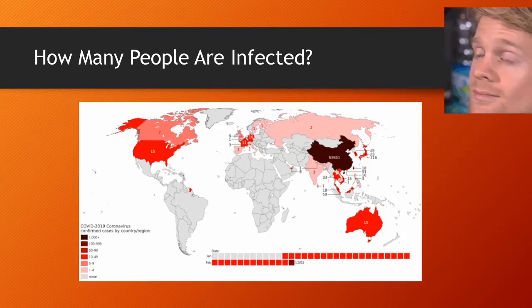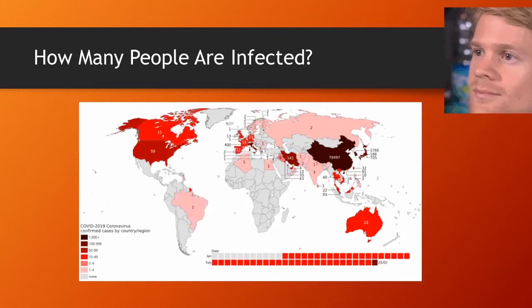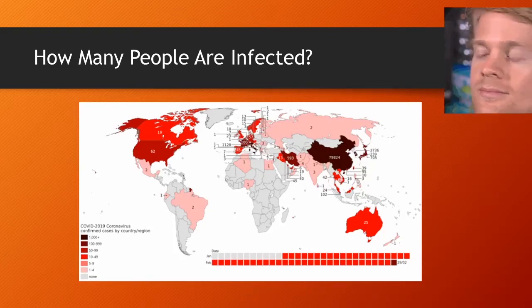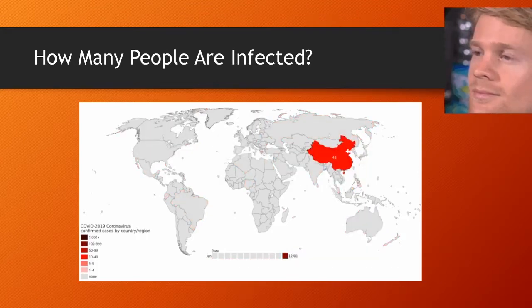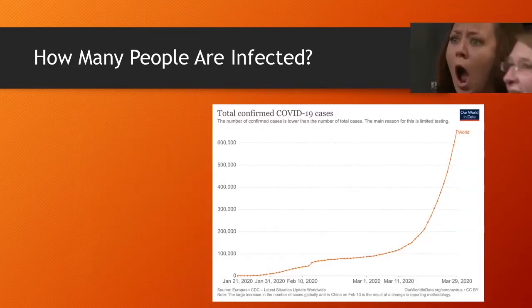And SARS-CoV-2 is not as infectious, however, as H1N1. However, H1N1 was far less deadly. It was still pretty deadly, but far less than COVID-19. So it's kind of, not exactly, but kind of in the middle of the two. And that special place has made it very dangerous and has created this unprecedented event that we're now living. So how many people are infected?